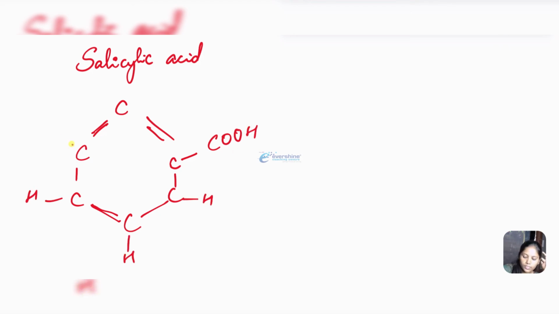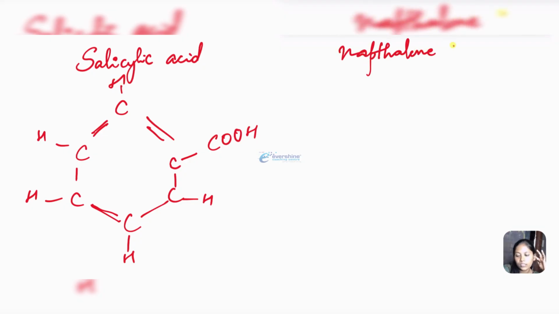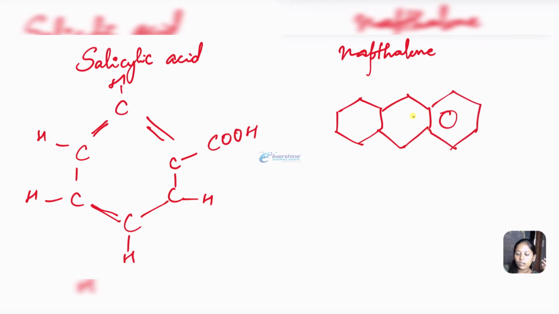Another structure is naphthalene. Naphthalene is an insect repellent. Naphthalene consists of 2 benzene rings attached to each other. So this is the structure of naphthalene.